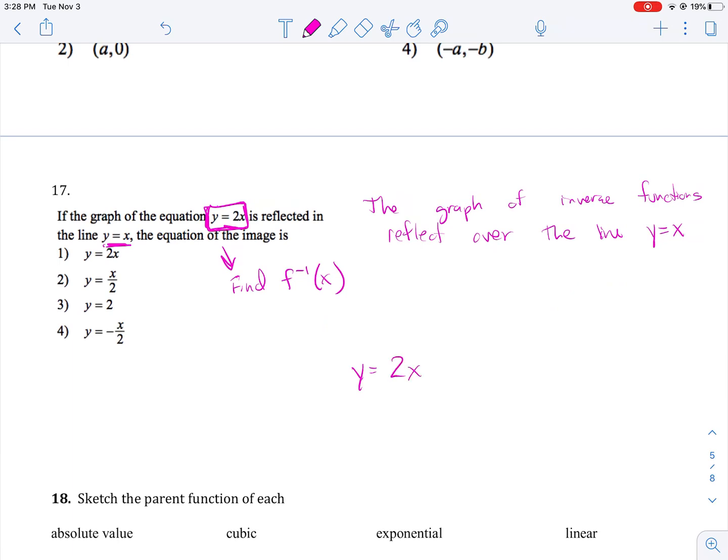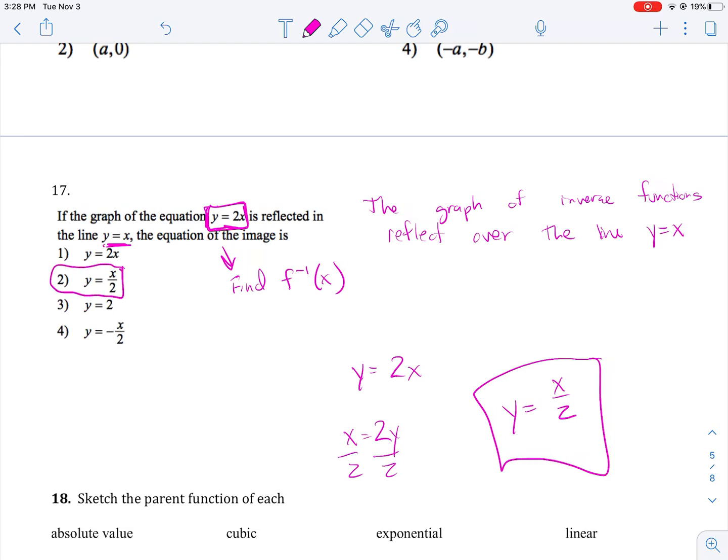Okay, switch my x and y's, and then solve. So I divide by 2, and y is equal to x over 2. We're going to leave it like this, because they're all y equals. And so do we see that? We sure do. Okay? So there's number 17.